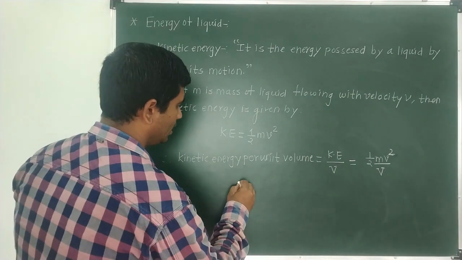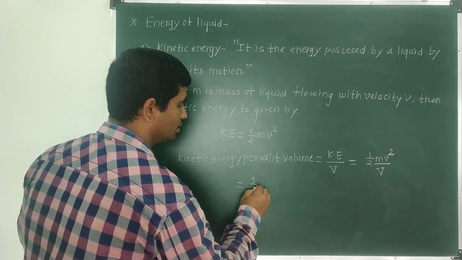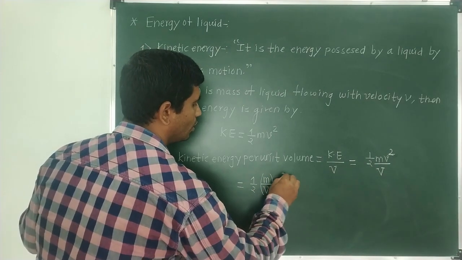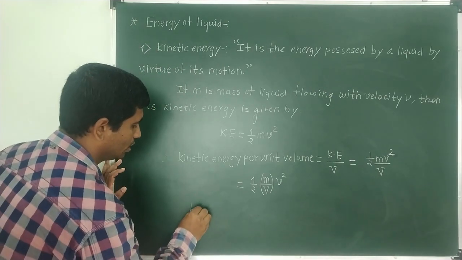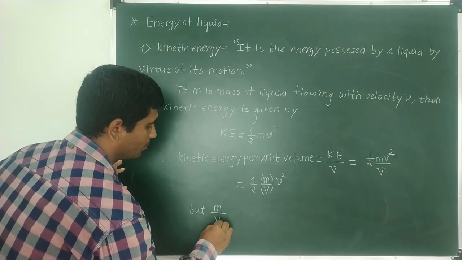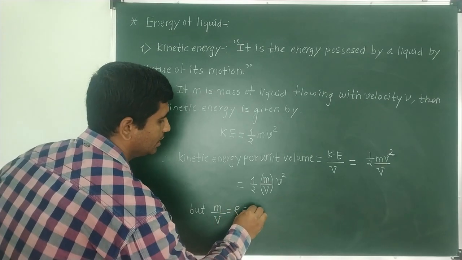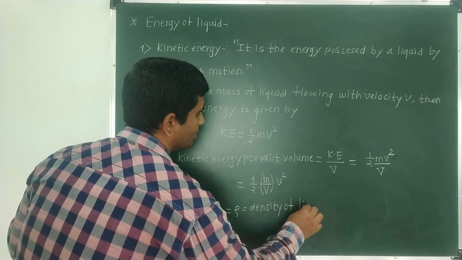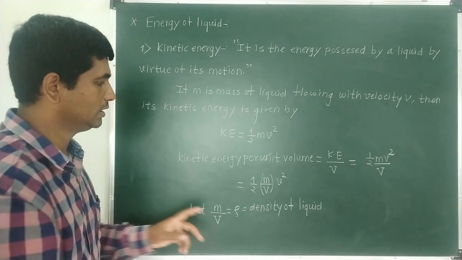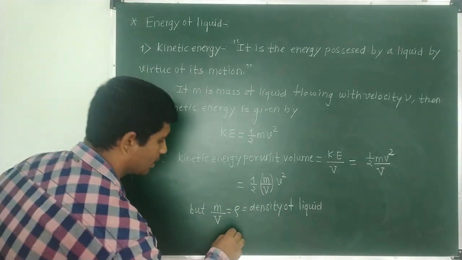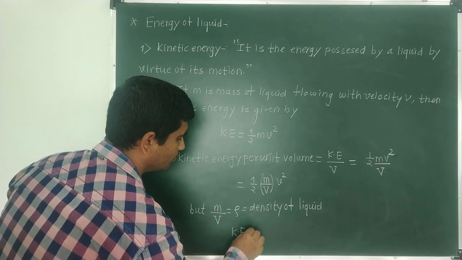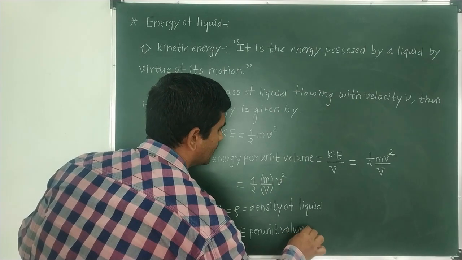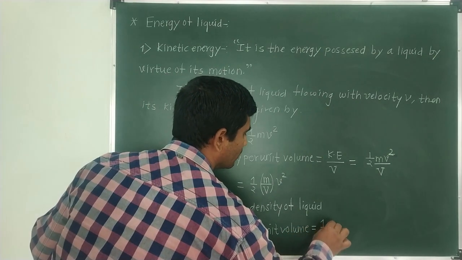If I further rearrange this equation, 1/2 m by capital V into small v square. But we know that mass upon volume is called the density of the liquid. So if I substitute m by V as rho, then kinetic energy per unit volume, I will get the formula as 1/2 rho v square.